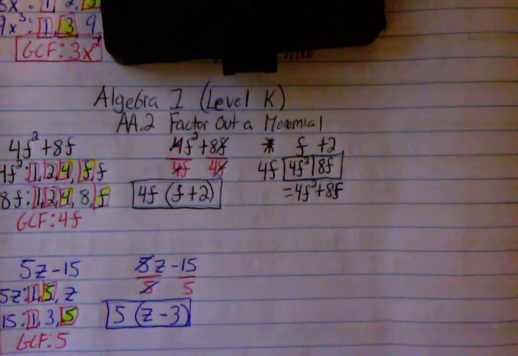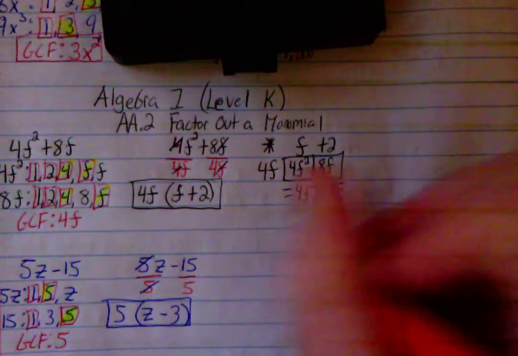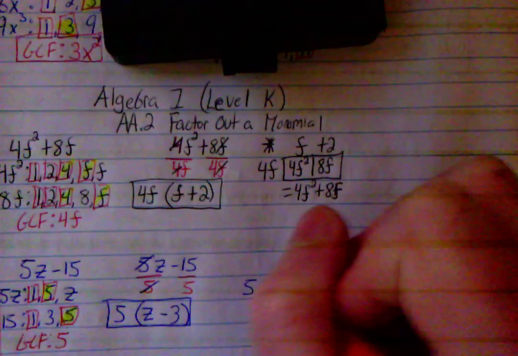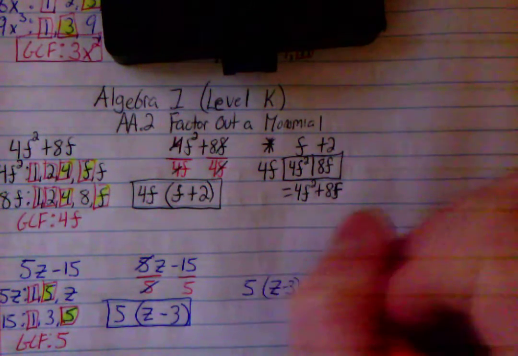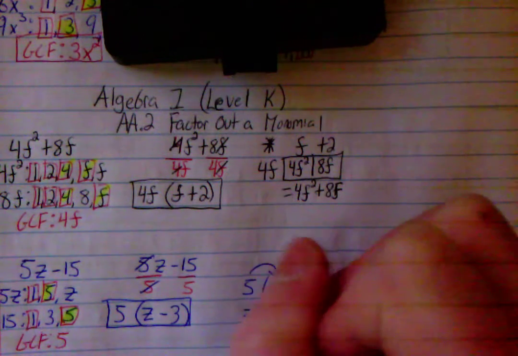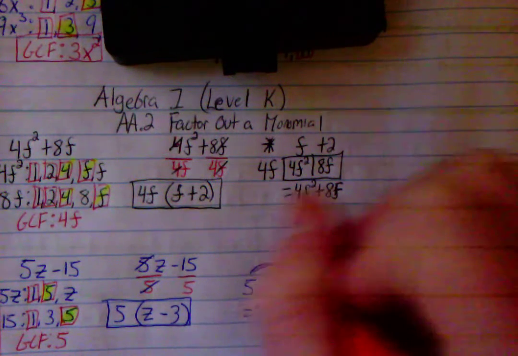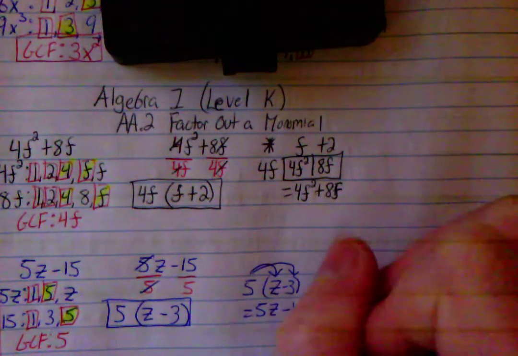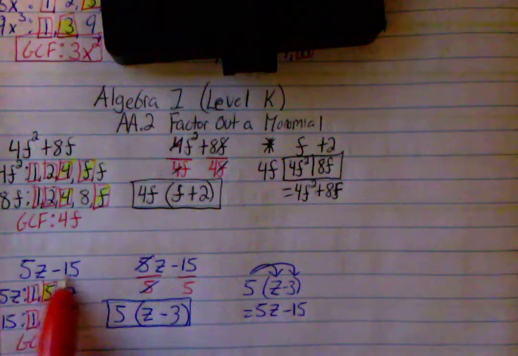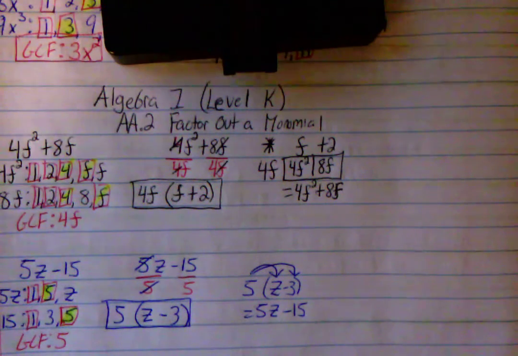So again, if you wanted to check, we could do this by distribution. 5 times z is 5z. 5 times negative 3 is negative 15. 5z minus 15, 5z minus 15. That checks out.